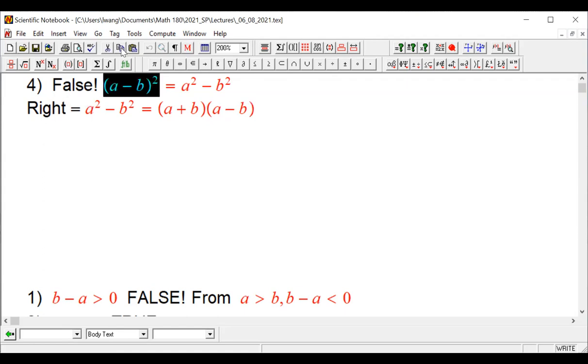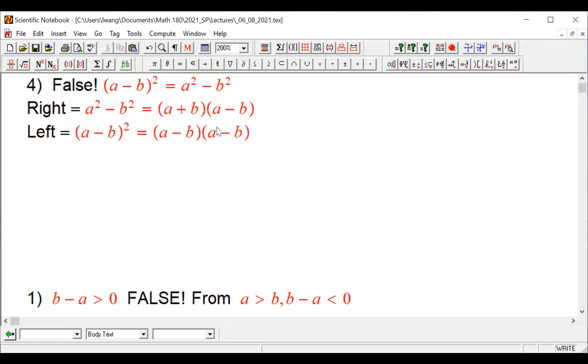And the left-hand side is a minus b times a minus b. So you're comparing between these two. Are they the same? Of course, they're not the same, right? From this comparison, you can tell, hey, they're not the same. That's one perspective.